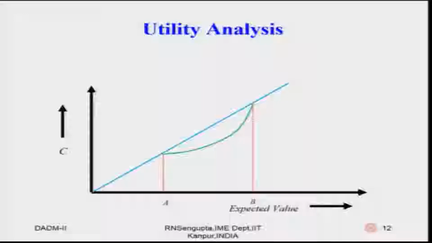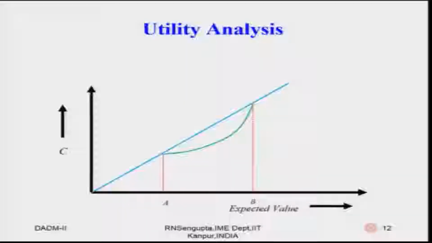So, this is the slide which I have. Along the y axis we have values of C, and the C values are the certainty values, so they will change depending on the problem which we have. Point number 2 is that along the x axis we have the values of the gamble, based on which we are trying to find out the C values.